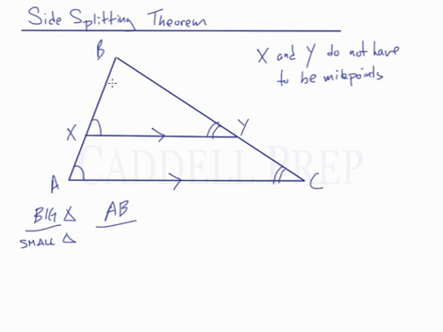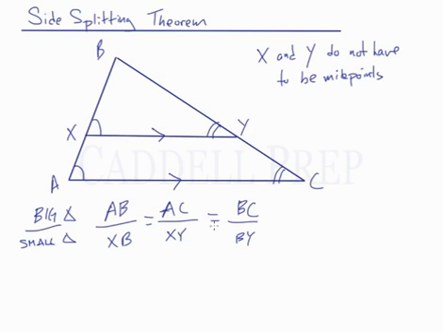Okay, and that corresponds to the side XB in the smaller triangle. Okay, also in the big triangle is this base, AC. That corresponds to this side XY in the small triangle. And then last we have side BC in the big triangle, and that corresponds to BY in the smaller triangle.